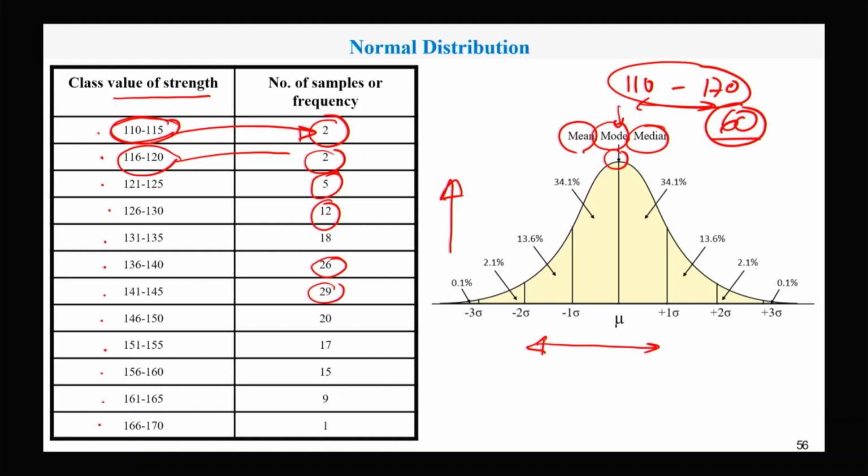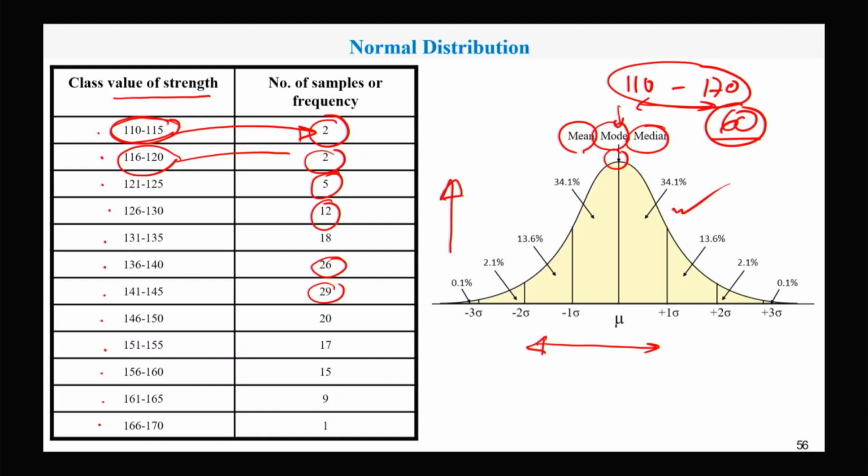So more or less in textile material, although variability is relatively high, we can consider the distribution as normal distribution. So for all our further discussion, we will actually assume the distribution as normal distribution.